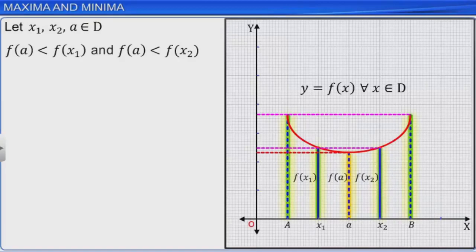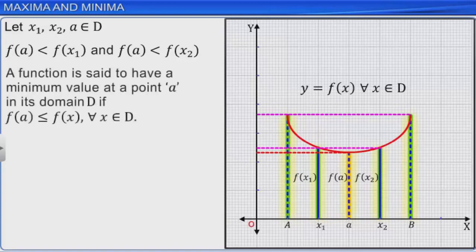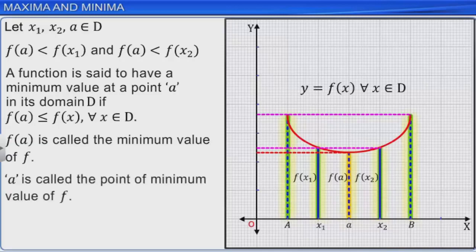That is, the value of the function at any other point to the left or right of A is greater than f of A. Mathematically, a function f is said to have a minimum value at a point A in its domain if the value of the function at that point is less than or equal to the value of the function at any other point in its domain. The number f of A is called the minimum value of f in D, and point A is called the point of minimum value of f in D.